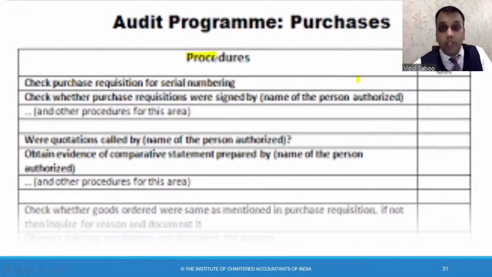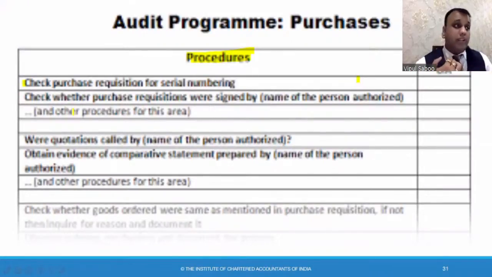So what do the procedures ask us? The first part, I have told my staff to check purchase requisition for serial numbering. Whether you are checking the purchase requisitions or invoices, requisition is when you lay out the requirement in a department of the company that we require this much amount of this material.